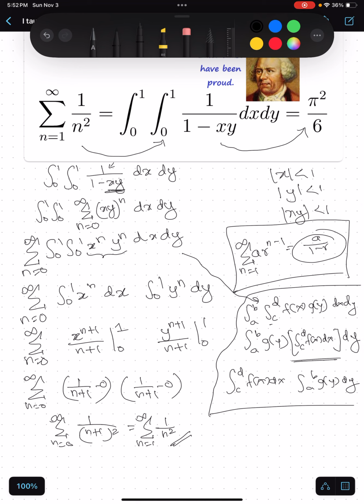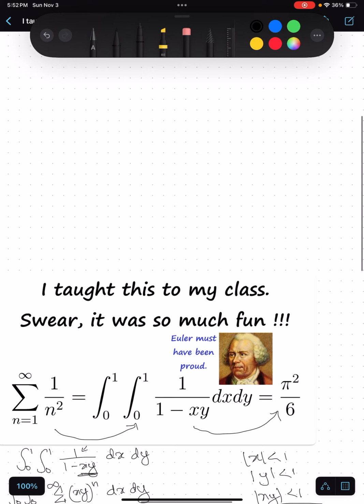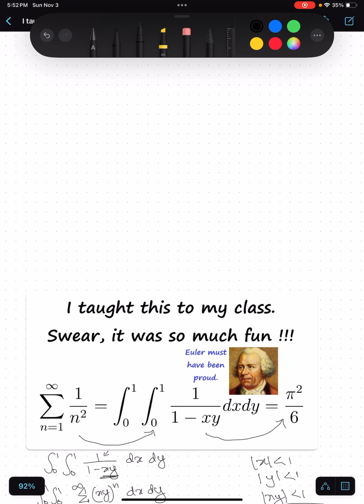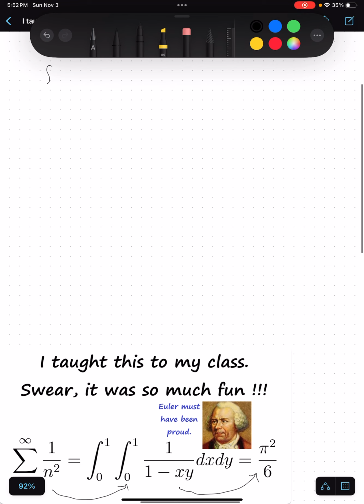Now let's try to go ahead. So okay, now we have the integral from 0 to 1, 1 by 1 minus xy dx dy. Now the integrand is okay.